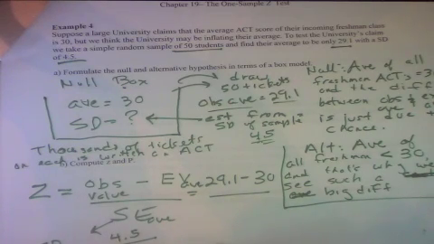And then which n? What is n? It's always our sample size. So this is always the sample size, and this is what? 50. All right, so that's what we have to do, and let's do that. So we have 4.5 divided by the square root of 50.